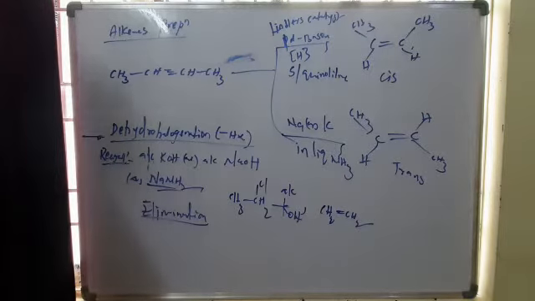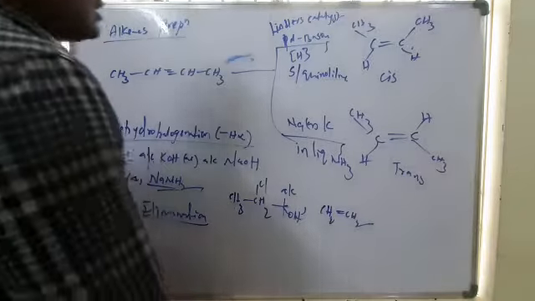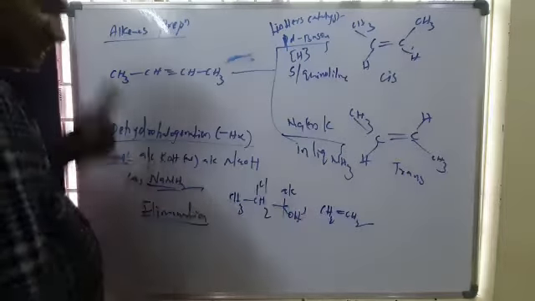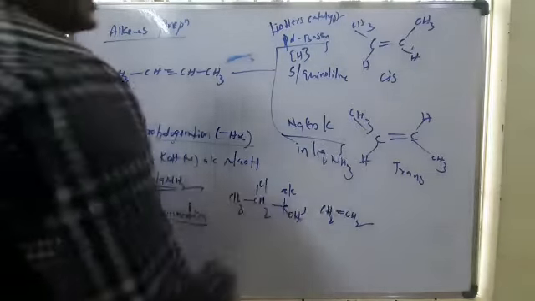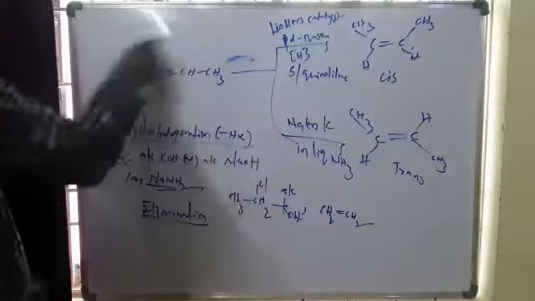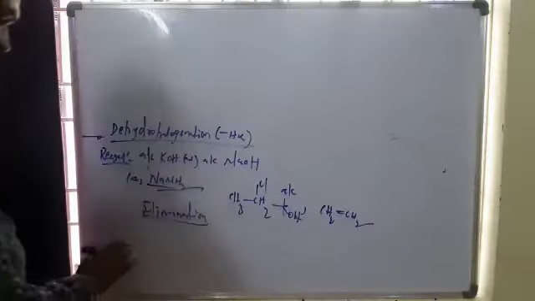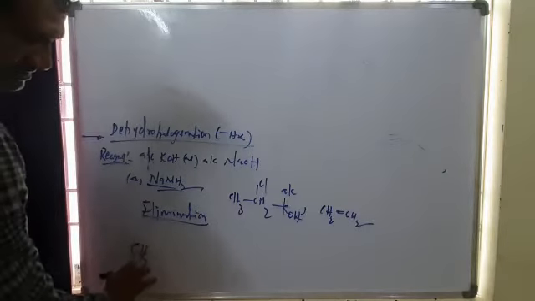But here, if it is an unsymmetrical reactant, there is a chance that more than one alkene is formed in some reactions.